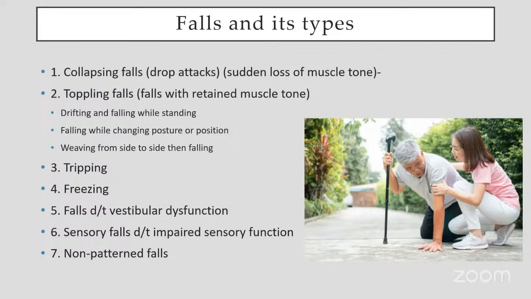CV junction anomalies or atlantoaxial dislocations usually present in this manner. For a short duration they will have impaired consciousness, and after that, when they encounter a severe jerk, they develop quadriparesis later on. So this kind of history should also be asked when you are taking the history of falls and gait.